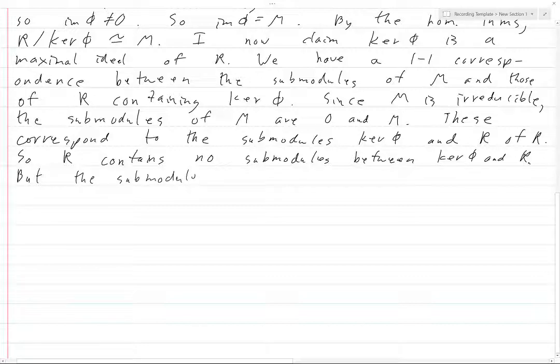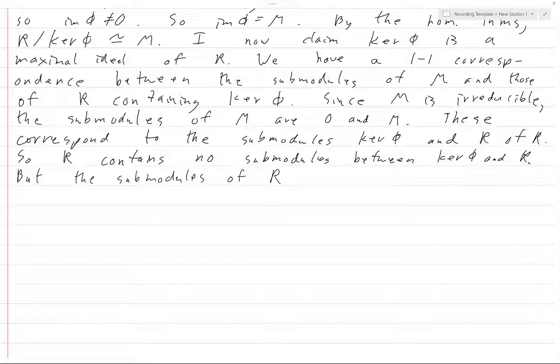Submodules of R as an R module, well, that's what I mean by the submodules of R, because R is the abelian group, and we're calling it a submodule, meaning that it's got the R module structure.